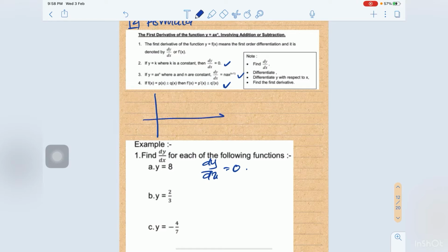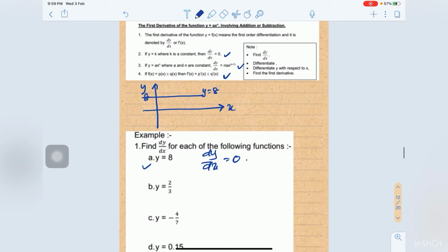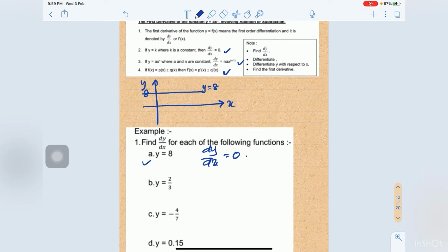If we draw a Cartesian plane, x axis and y axis, here we have y equals 8, which is a horizontal line. For a horizontal line, the gradient is 0. So that's why if we have any constant, y equals constant, then dy/dx equals 0.